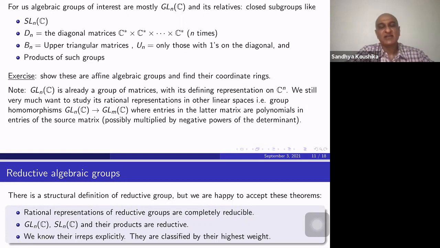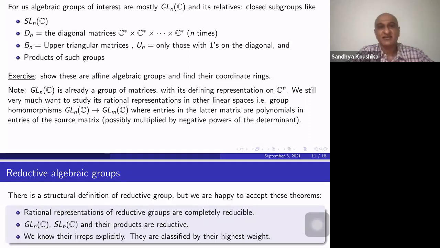What happens is that if I take finite dimensional rational representations of these groups, then they just break up into direct sums of irreducible representations. GLN and SLN are definitely such groups, and their products are reductive groups. So now the question is, what are the irreducible representations, that is, what are these building blocks?